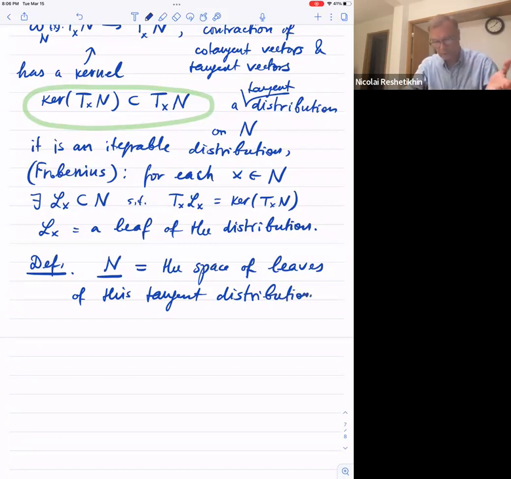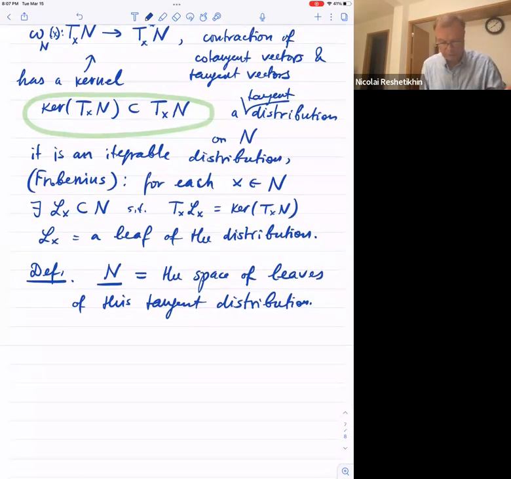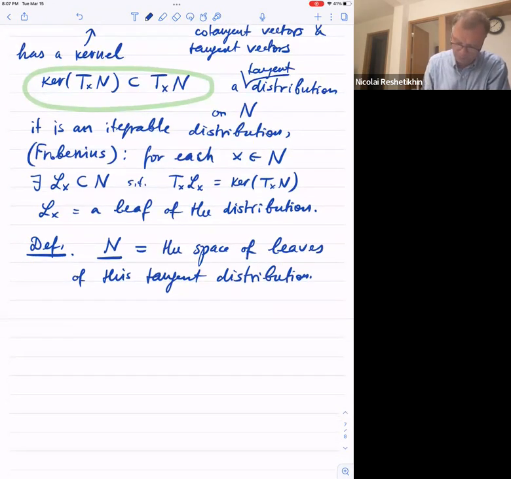So we sort of take a quotient with respect to this tangent distribution. That's the idea of passing from a manifold with tangent distribution to the space of leaves. Typically it's rather singular. Nobody said that it's a manifold. It can be rather far away from a manifold.